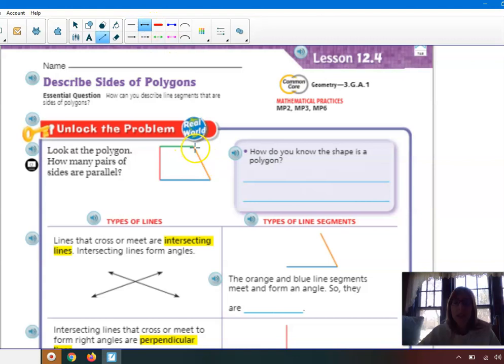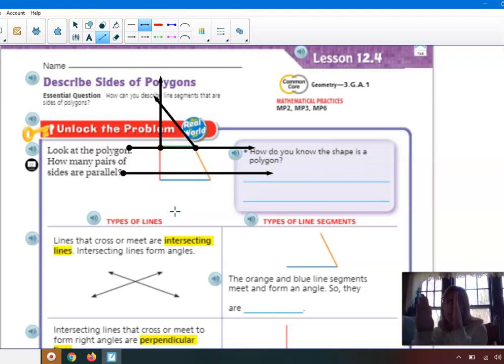If I continued this line out, that would then intersect with this, and then that actually forms a trapezoid, which is a quadrilateral. Whereas if I continued this line and I continued this line, they would never intersect. The green and the blue would never intersect because they are exactly running parallel to each other.